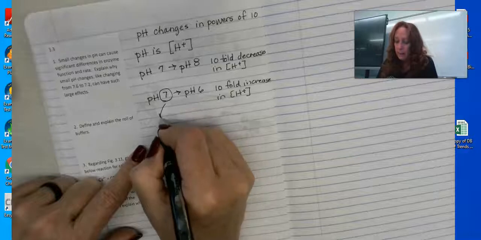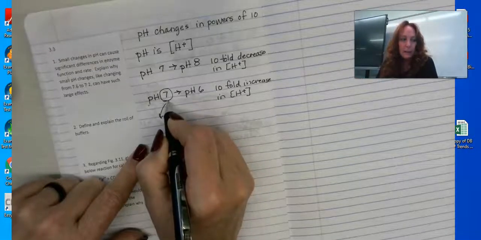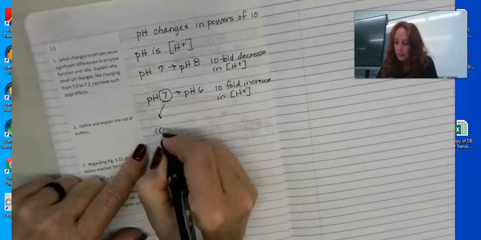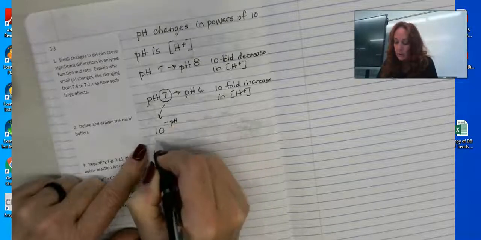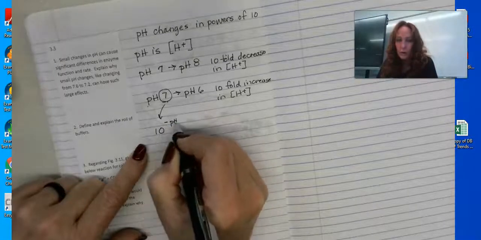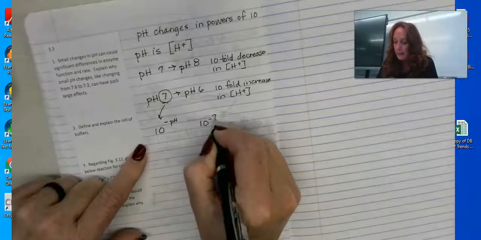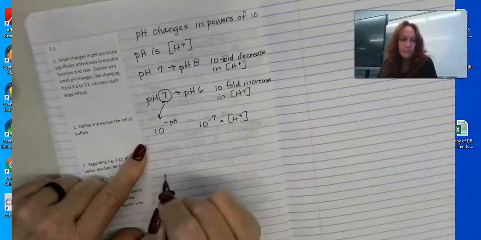So this is what I mean. A pH of 7 would be 7 as the exponent, so it's 10 to the negative whatever the pH is. So that's how you're going to write your hydrogen ion concentration. So in that case, you'd have 10 to the negative 7 as your hydrogen ion concentration.